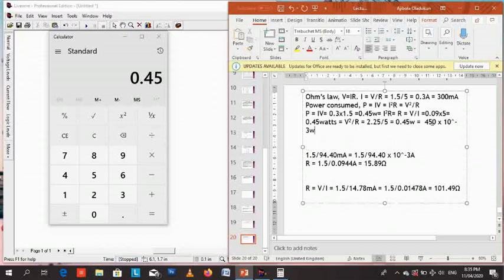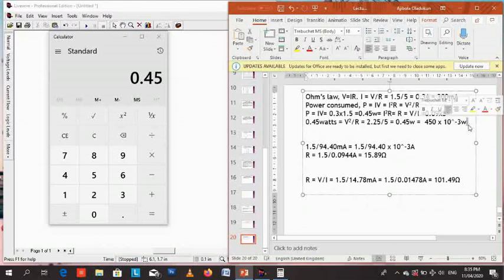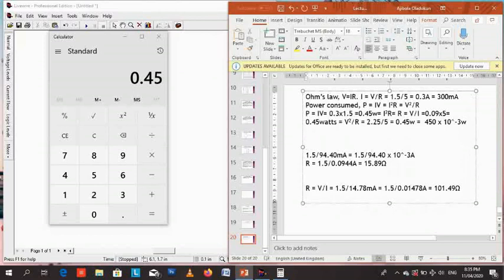What is 0.45 watts? If you move the point to the right 3 times, that gives 450 times 10 raised to power minus 3 watts. Remember that 10 raised to power minus 3 is milli. So that's 450 milliwatts. The 5 ohm resistor consumed 450 milliwatts.